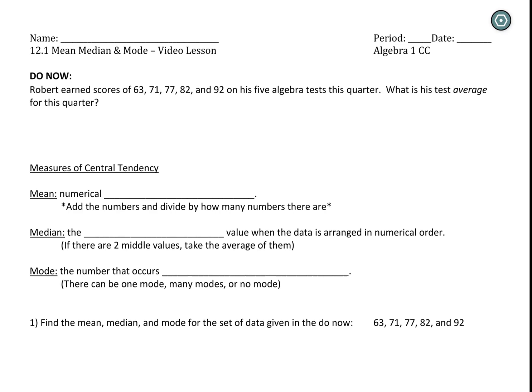You'd take them, and to find that average, you'd simply add them all together. So we take all of these, add them together, and then you would divide by the number of exams that he had. So in total, it'd be 1, 2, 3, 4, 5. So we'd simply divide by 5. If I add those all up, take a quick second to plug that in.